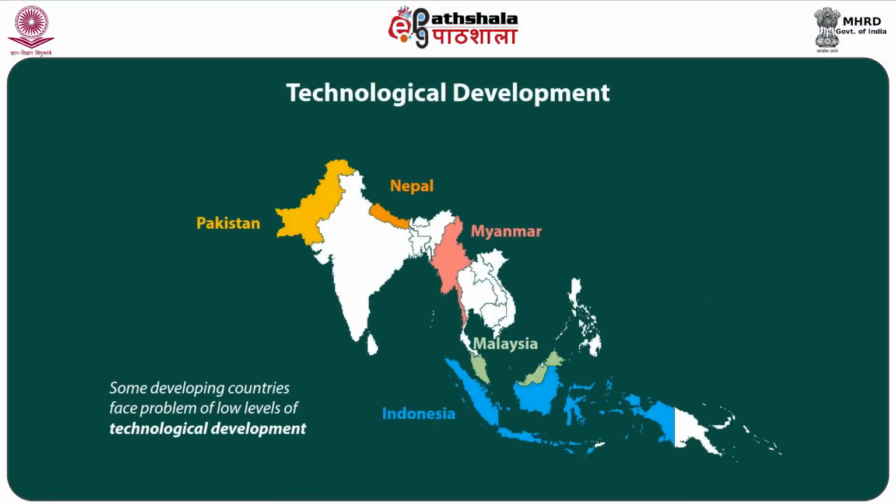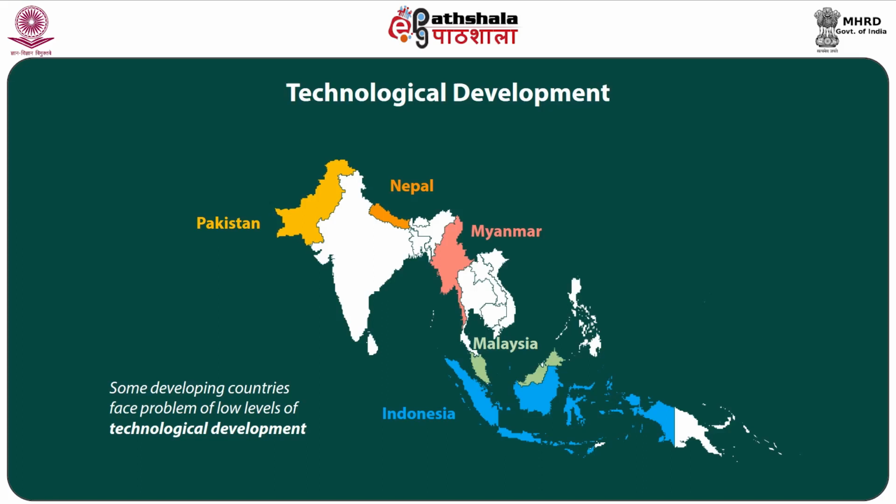Let us understand the situation in terms of technological development. Some of the developing countries have the situation of low levels of technological development, and in view of this there are implications in terms of agriculture productivity as well as industrial productivity. To cite an example, we can think of countries like Pakistan, Myanmar, Nepal, Indonesia, Malaysia, the Philippines and other countries.